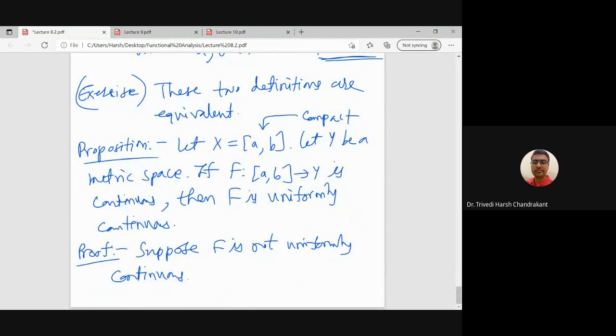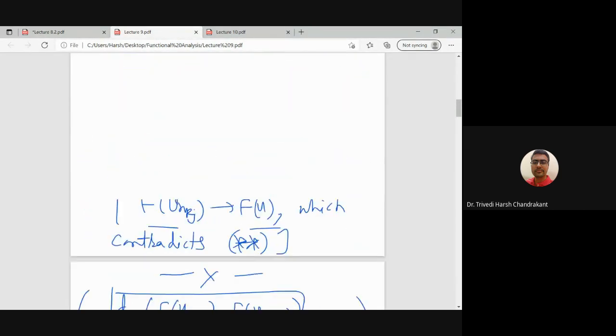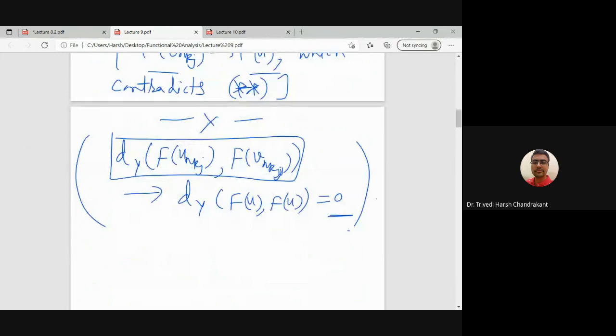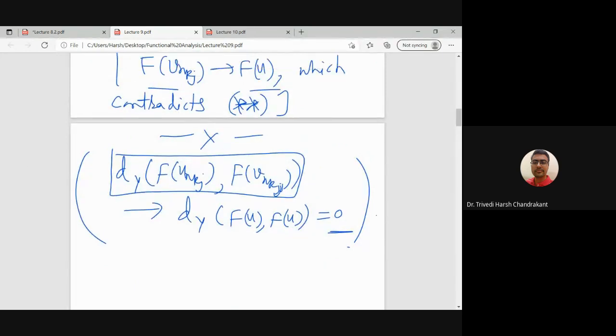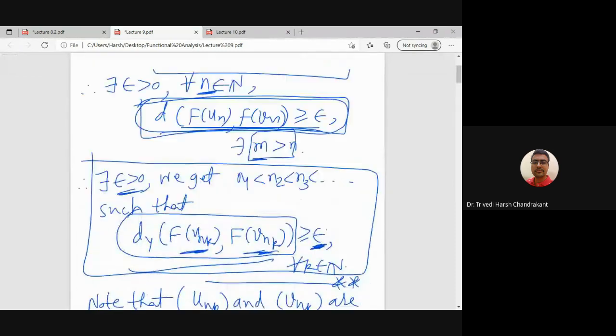We also discussed the proof of the result that whenever we have a compact set, a continuous function over a compact set is always uniformly continuous. The proof we already discussed.